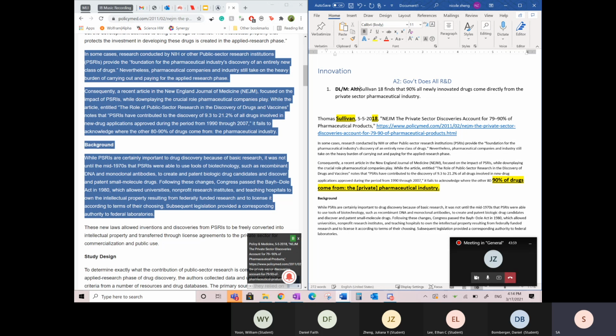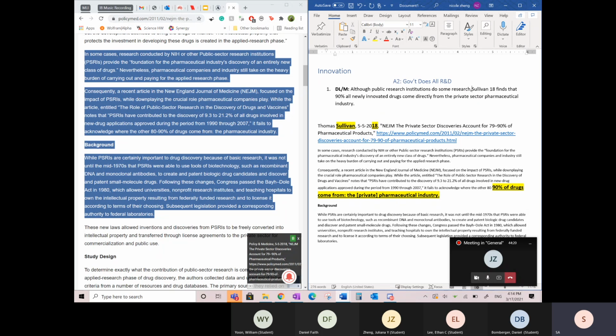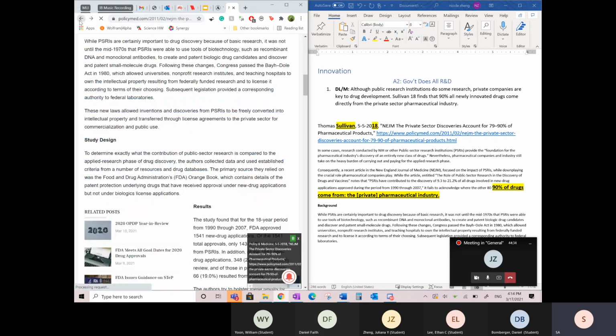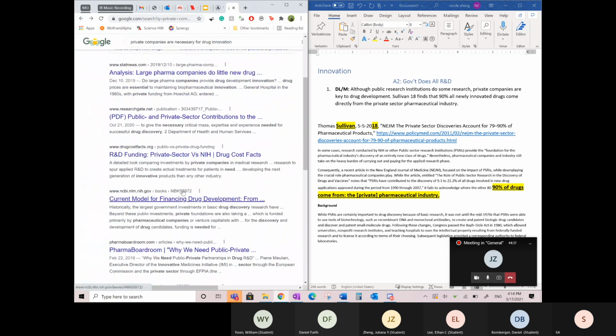So what I would add is, though public universities, yeah, let's just say public research institutions do some research, private companies are key to drug development. Right, so there we go. That's my first one. And then I probably want to go out and find another one.